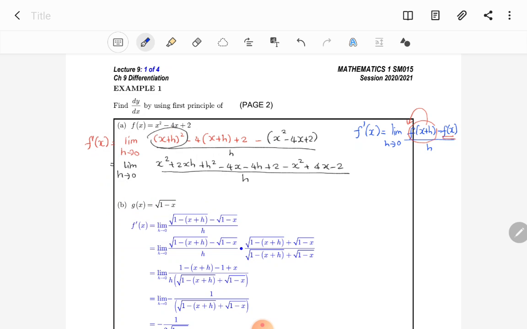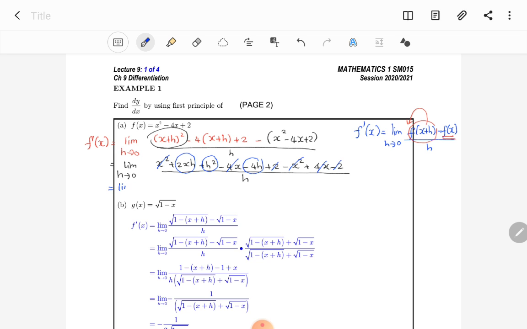And if you notice here, we can simplify a few terms: x² with negative x², negative 4x plus 4x, 2 minus 2. So now we have 2xh + h² minus 4h only.